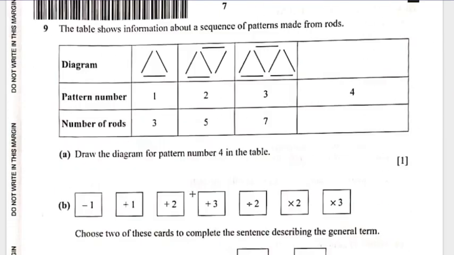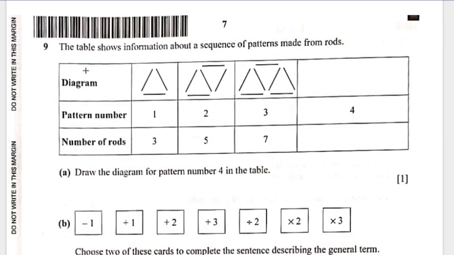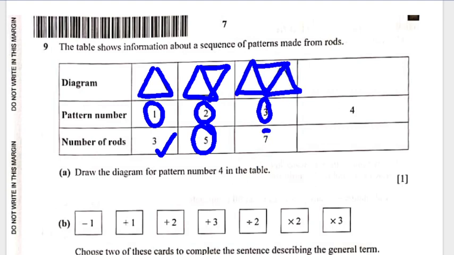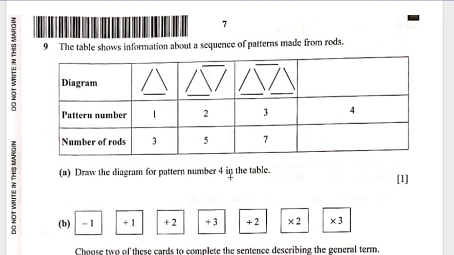Okay, next, number 9. The table shows information about a sequence of pattern made from rods. Okay, so here, pattern number 1, number of rods is 1, 2, 3. Here, number 2, we got 1, 2, 3, 4, 5. The third one, we have 1, 2, 3, 4, 5, 6, 7. So here got 7. So what do you think, number 4?